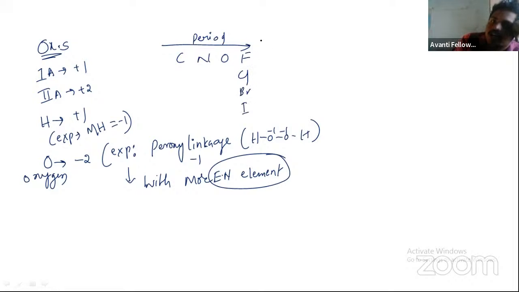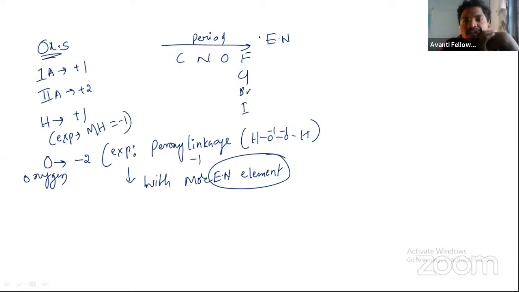Okay, so across the period, your electronegativity will increase or decrease? Can anybody tell me how, in the trend of the periods, if you observe the periodic table, along the period, your electronegativity will decrease or increase?